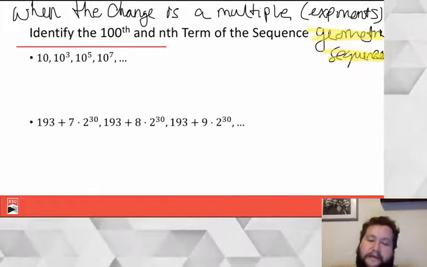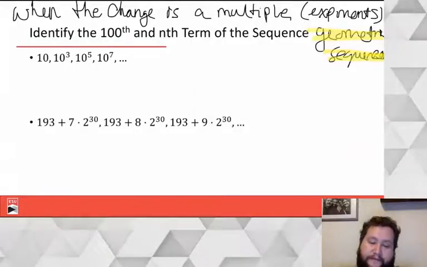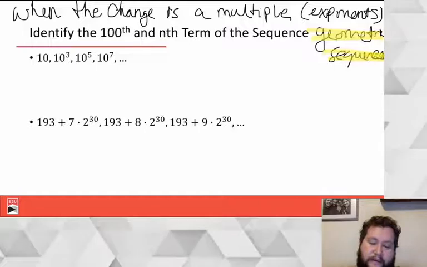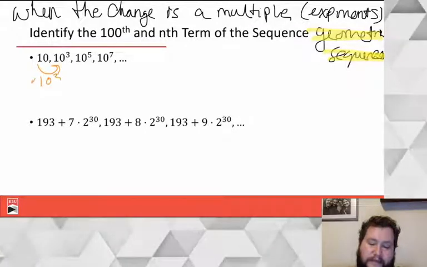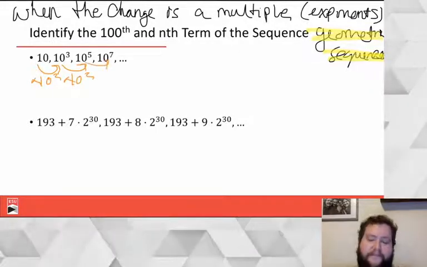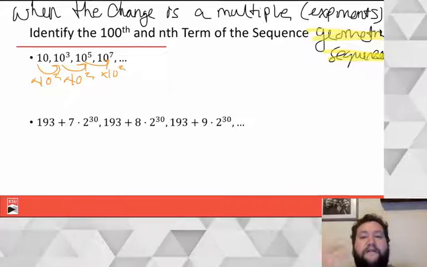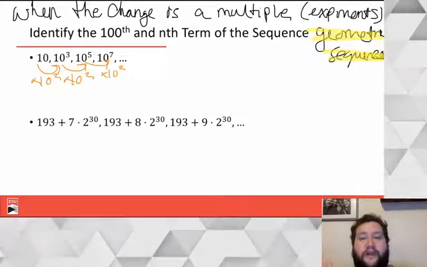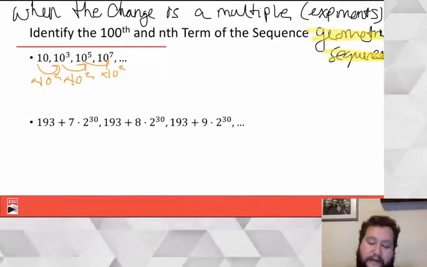And so here, in this example, as I make my screen go black, we have 10, and then we multiply it by 10 squared, and we multiply it by 10 squared, we multiply it by 10 squared, and so again we have that the change is a multiple. Our exponent is increasing.